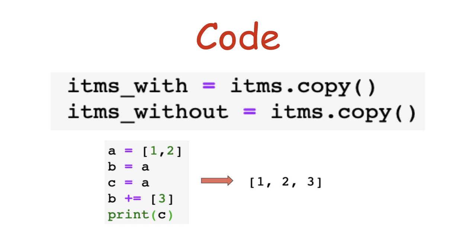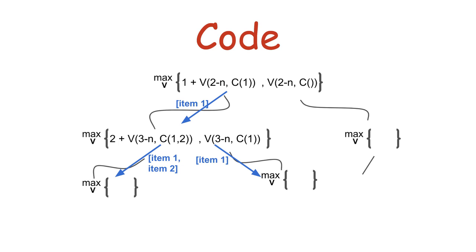So a change to one of them will affect the value of all of the others. Each function in the recursion tree will have to pass the list of items it already got to 2 sub-functions that will solve different subproblems and might modify it. So in order for those modifications not to affect the list of items in the other sub-function, we have to separate them.